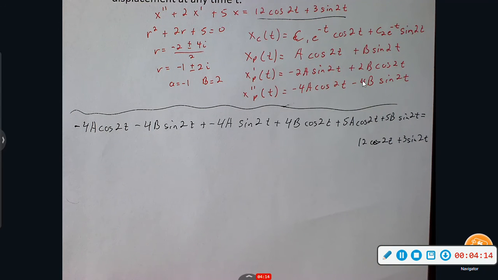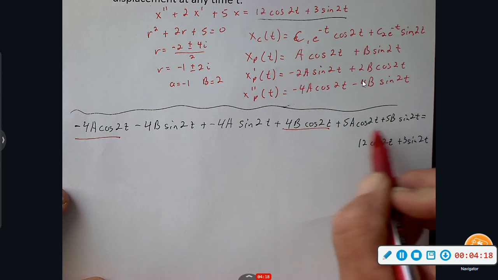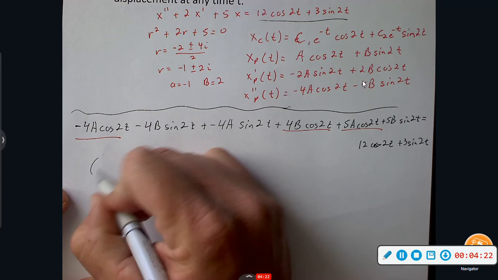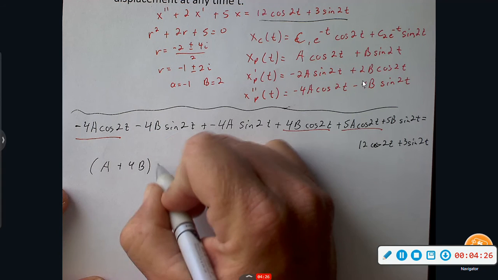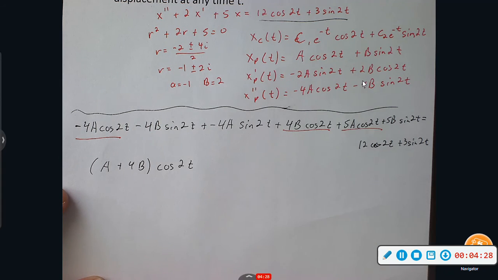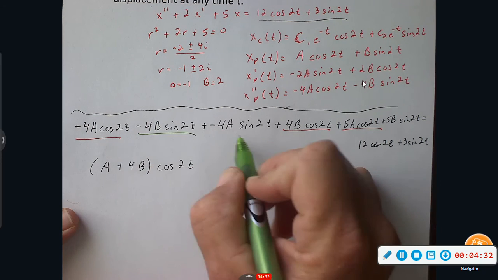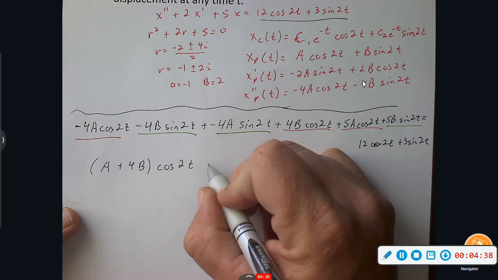So we're looking for like terms. Let's look for cosines. 5a minus 4a is 1a. So I'm going to have 1a and then 4b cosine 2t. Look for the sines, sine, sine, and sine. So 5b minus 4b is 1b.